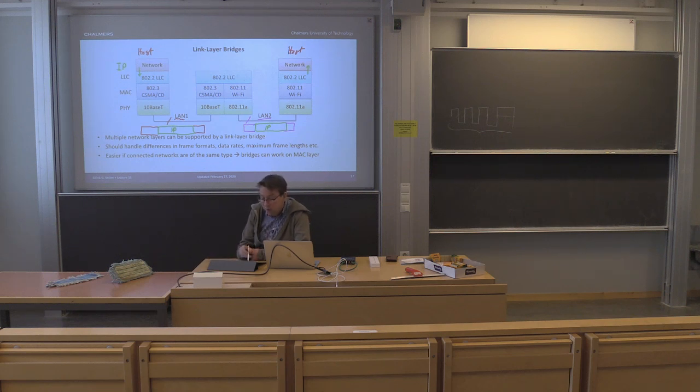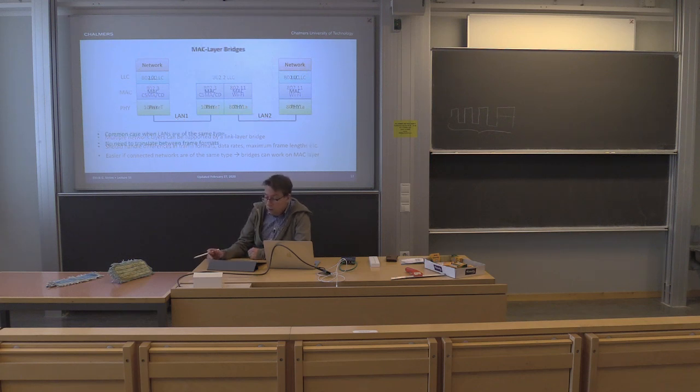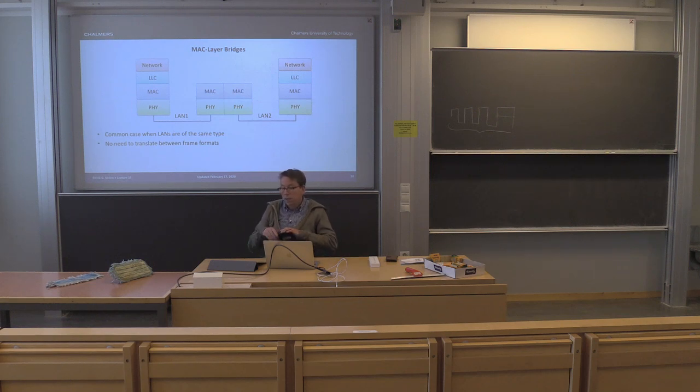So from the perspective of the network layer, it doesn't see that there are different LANs here. So that's the main idea. Okay, so we have MAC layer bridges that look something like this. This is the common case when LANs are of the same type. So this LAN has the same type as this LAN. So this would be such a device where we could have an Ethernet on this side and an Ethernet on that side.